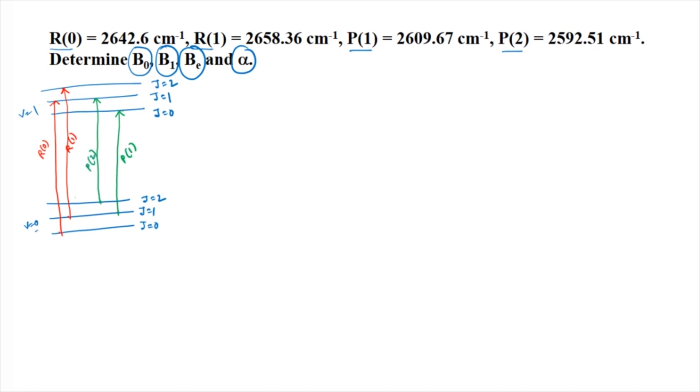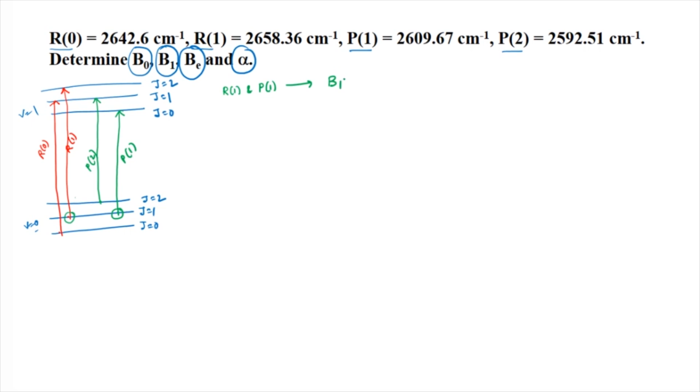So, we can see that R 1 and P 1 start from J equals 1 level of V equals 0. As we have discussed in this lecture, a combination of R 1 and P 1 should give us information about B 1.